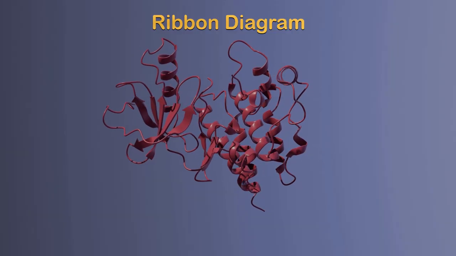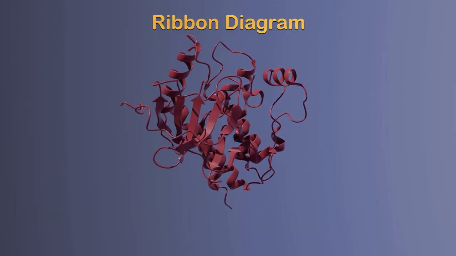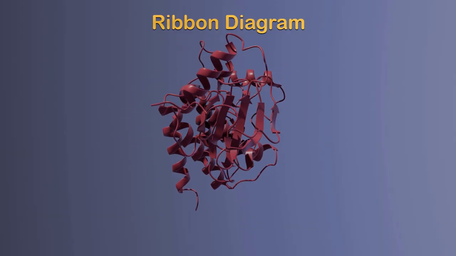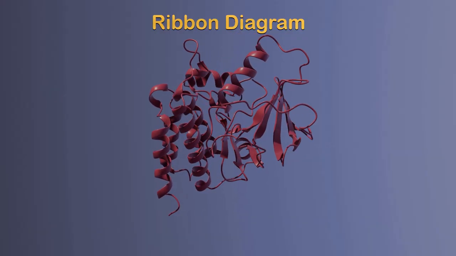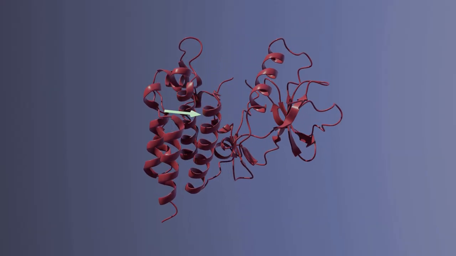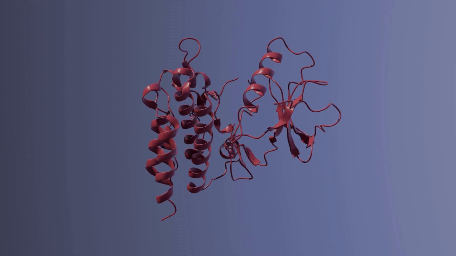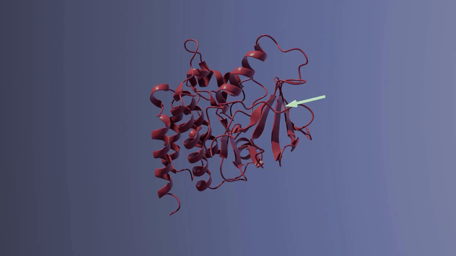This is a ribbon diagram that shows the path of the polypeptide backbone, similar to what we used to show the folding of our theoretical protein. You can see segments of alpha helix, and these are strands of the polypeptide that are coming together to form beta sheet.